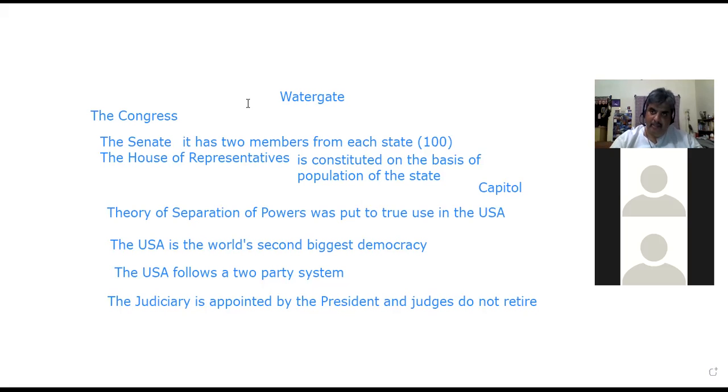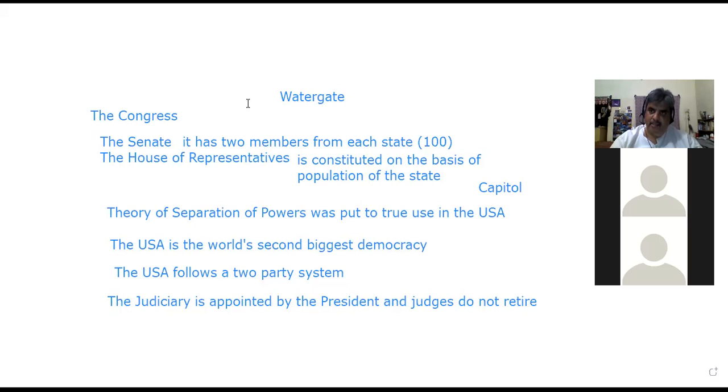So in theory, yes, they have a separation of powers, because unlike in India and in Britain, where you don't have to be, what do we say, where you don't have to be elected to the parliament in order to become the prime minister.